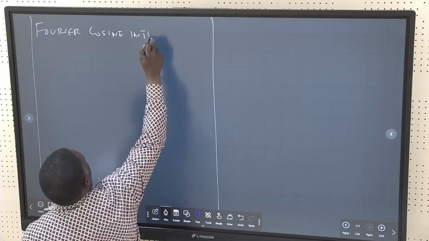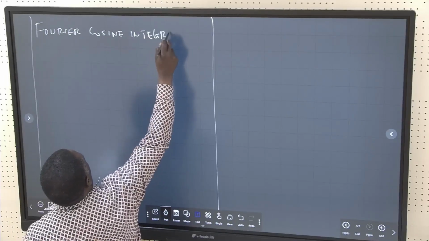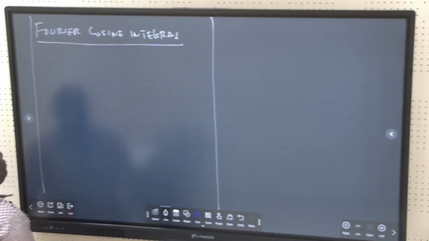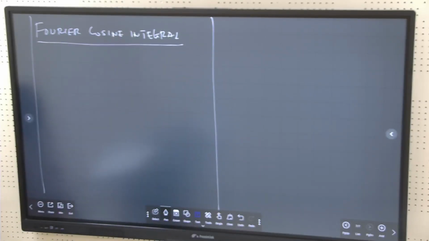Fourier cosine integral. We say this is nothing but the Fourier integral representation when the function f of x is even.